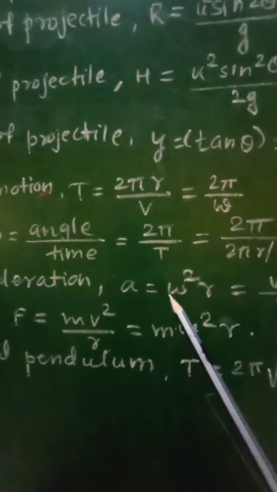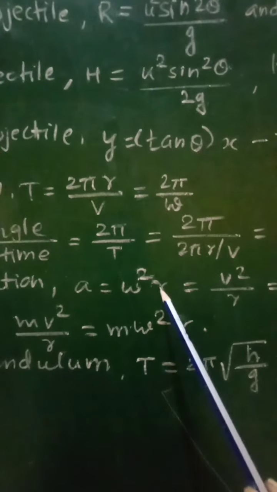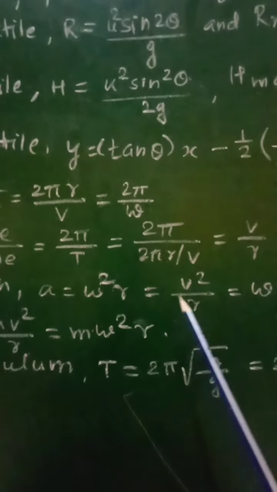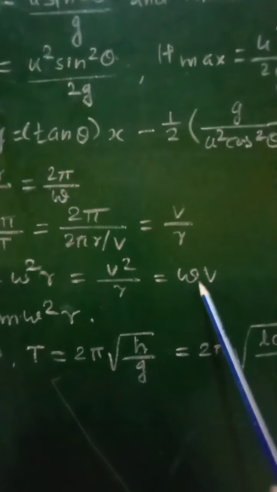Then the 14th formula gives centripetal acceleration. Centripetal acceleration a, in magnitude, is equal to omega square r, or v square by r, or omega v.